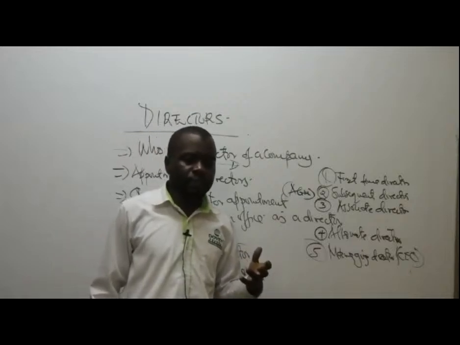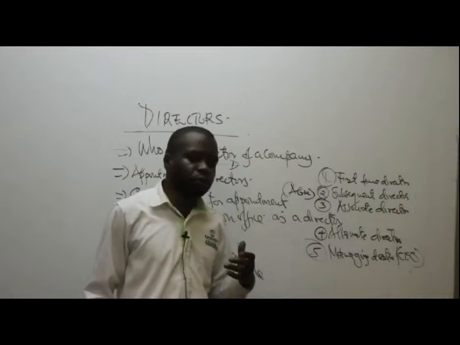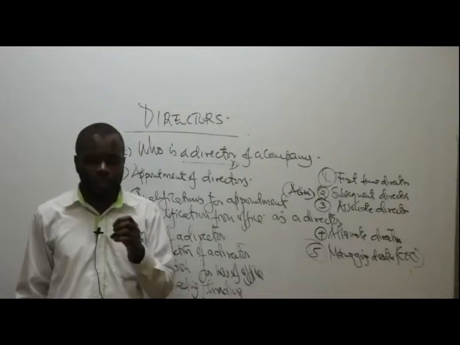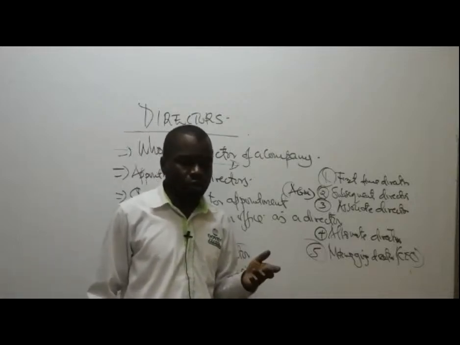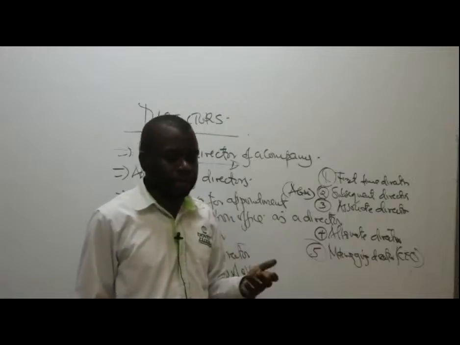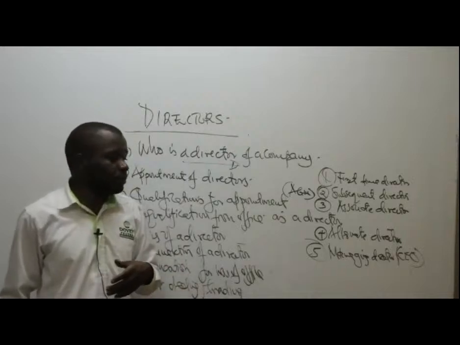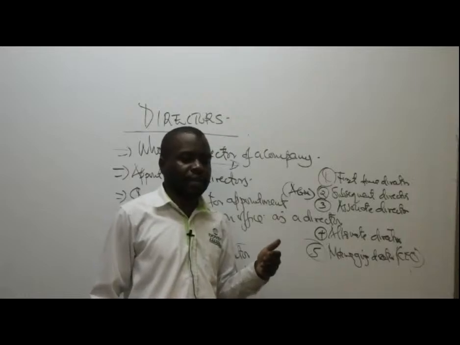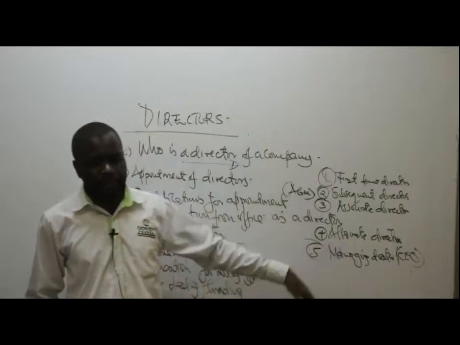He can appoint someone to represent him or to sit in for him while he's away, on medical leave, or due to other factors. So he can appoint someone to represent him on the board of directors. That particular director will be termed an alternate director.